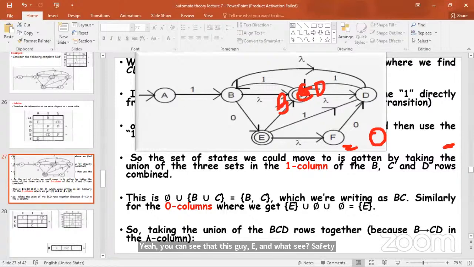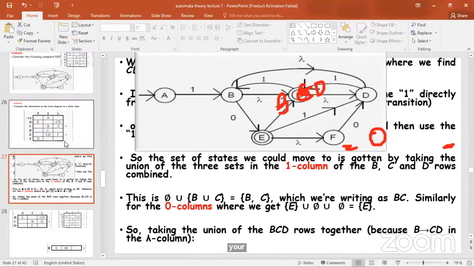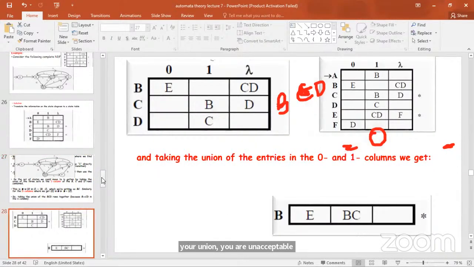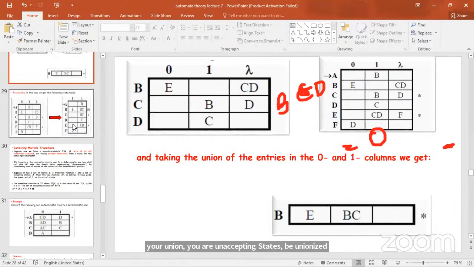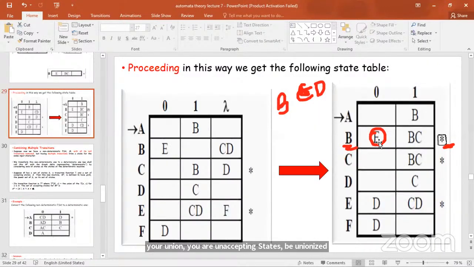So if during your union, you have an accepting state being unionized with you, then you become an accepting state automatically. So you see this E gives this guy the benefits. You see this C gives this guy the benefits. But anyone that we didn't tamper with, we didn't tamper with A.